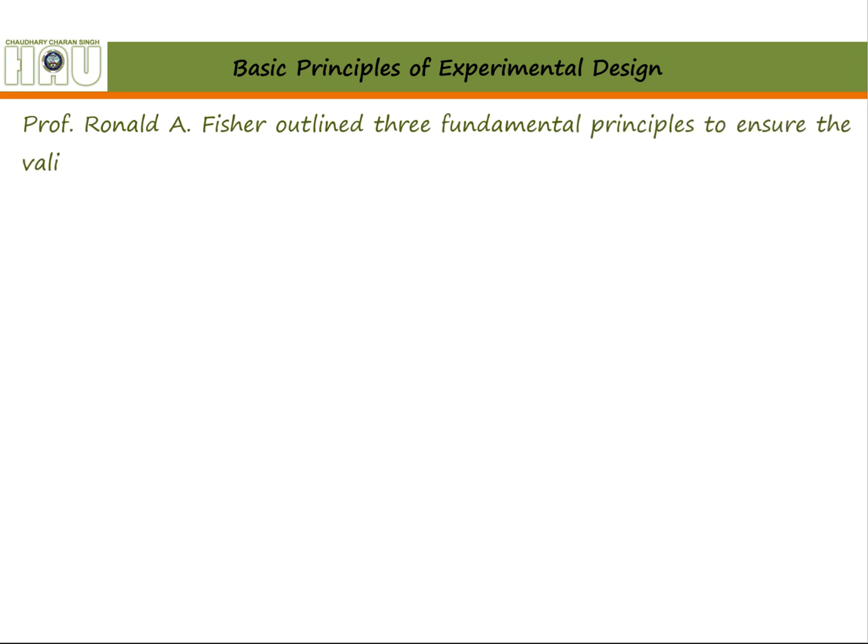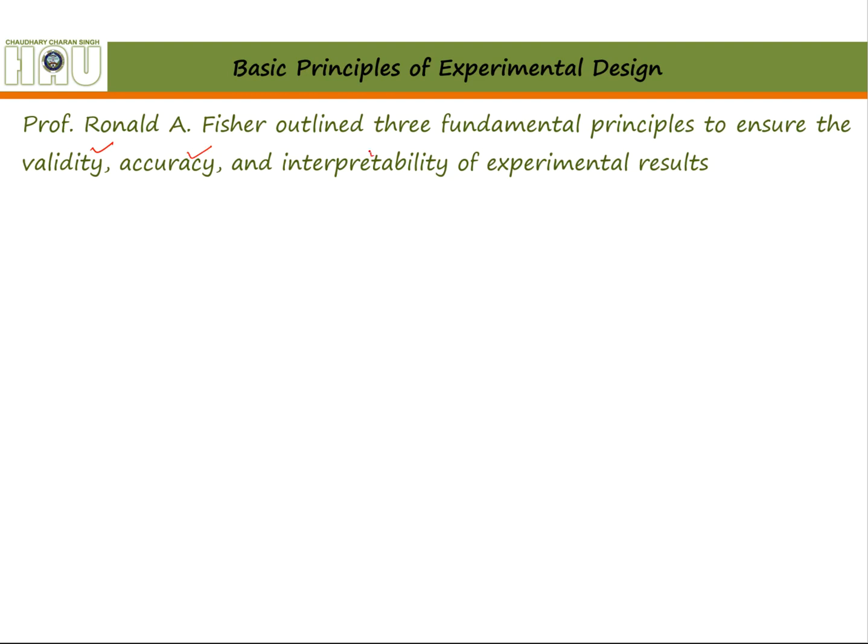In any experiment you should follow two or three principles which are very much important in order to get valid results. So what are these basic principles of experimental design? Professor Ronald A. Fisher outlined three fundamental principles in order to ensure the validity, accuracy, and interpretability of experiment results.